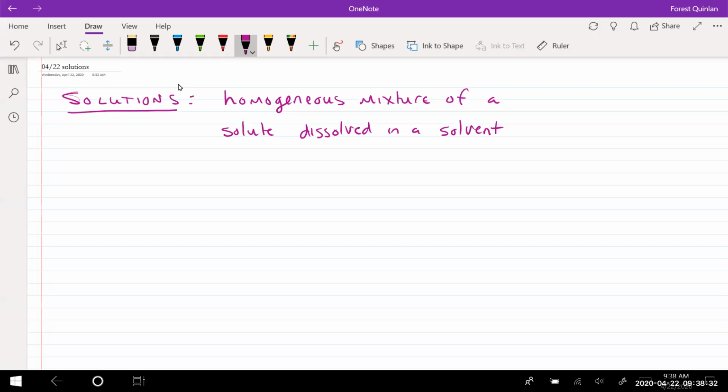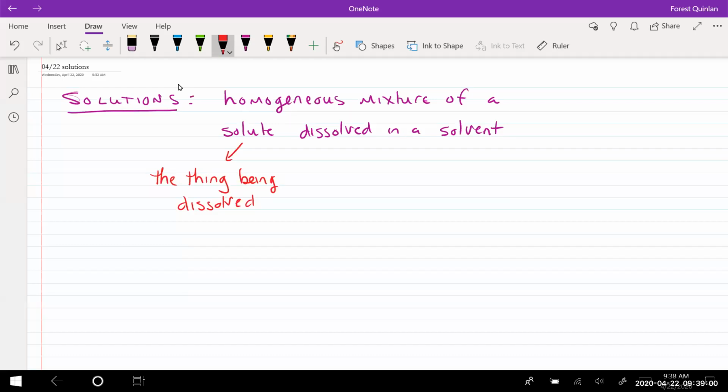And if we remember this, I think we have talked about solutes and solvents in the past. The solute is the thing being dissolved.